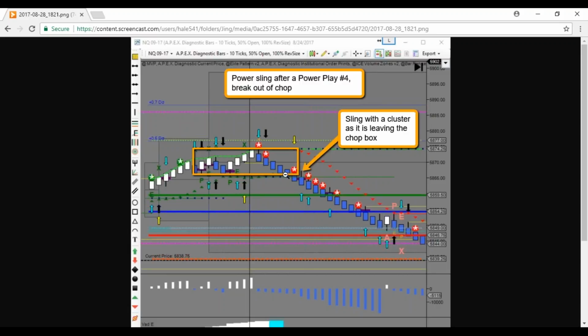So our number 4 trade would have been where? Right here, right? We'd enter the number 4 trade right here to go south. Now, let's say that we missed that first entry. Well, what happens on this next bar right here? We have a sling that pulls back into the chop box, and then it closes back down with a cluster.